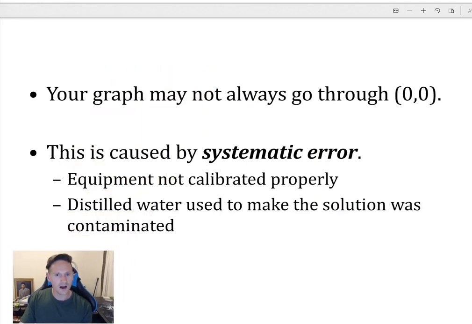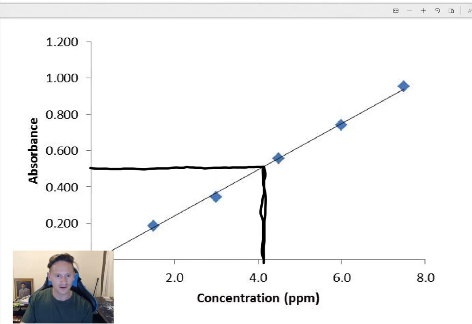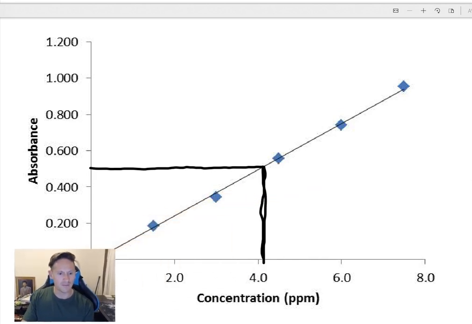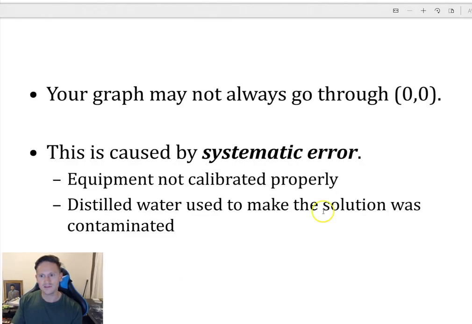In this case, your graph might not always go through the origin. If I go back, this one kind of did. The concentration of 0 was pretty much spot on the 0, but that might not always happen. The reason for that is there could be some systematic error in the calibration of the machine. If the equipment is incorrectly calibrated, then it might be giving you a small reading of absorbance when there's actually no sample in there.